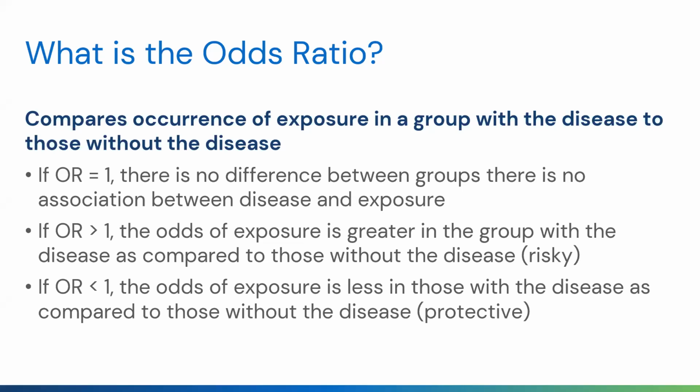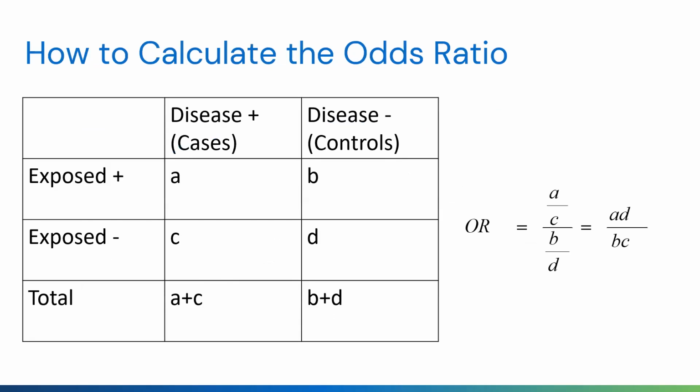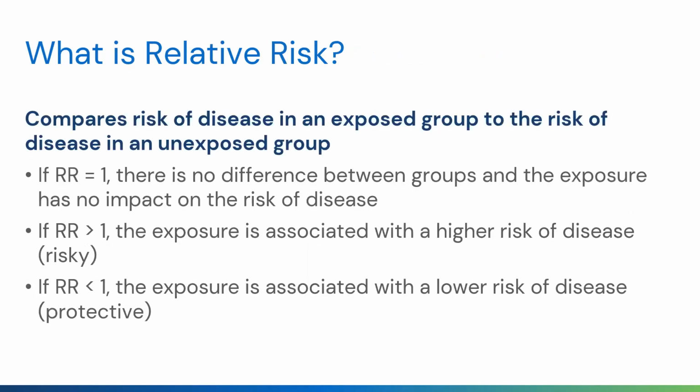So it's a great measure to calculate, and it's relatively easy if you have this data. When you're doing a case control study and you're going back and asking cases, what were you exposed to? This is how you would do that.